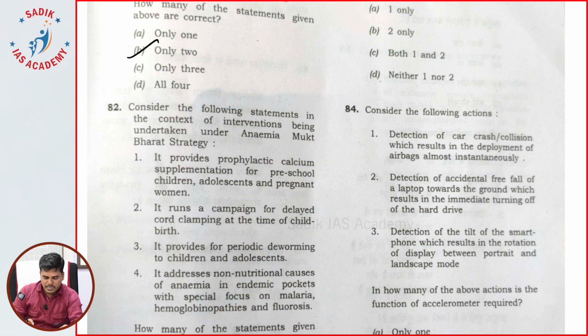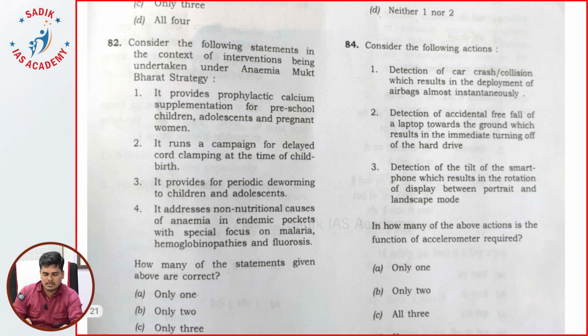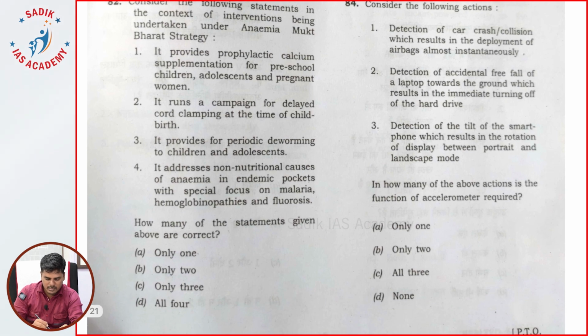It provides for periodic deworming to children and adolescents. It addresses non-nutritional causes of anemia in endemic pockets with a special focus on malaria, hemoglobinopathies, and fluorosis. And all the statements are correct with respect to the interventions under the Anemia Mukt Bharat strategy. Therefore, all 4 statements are correct here. Therefore, option D is the answer for this.